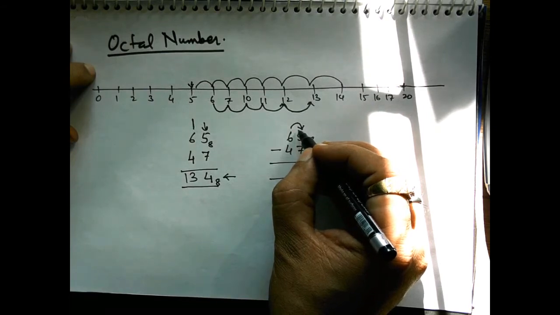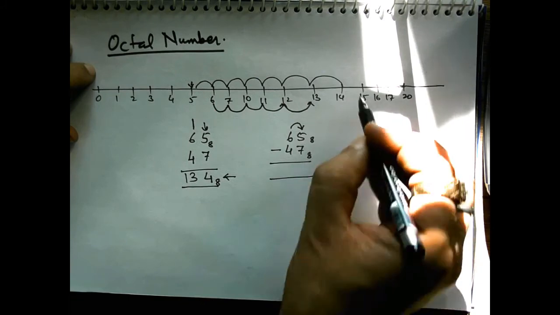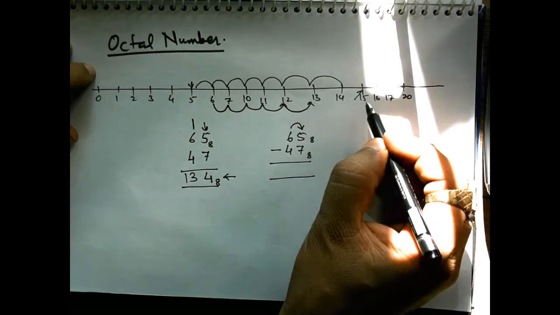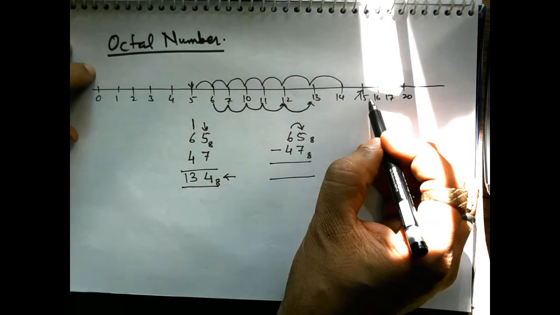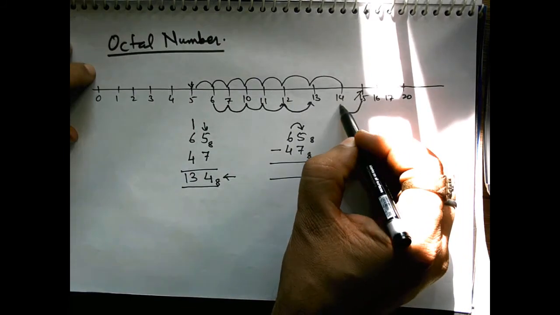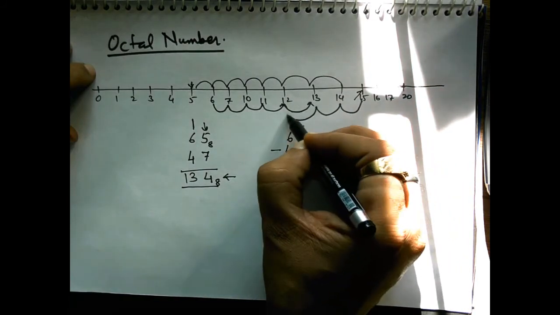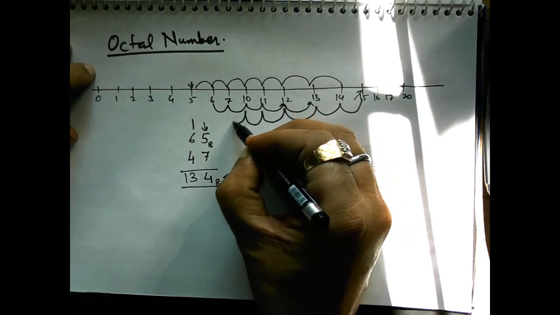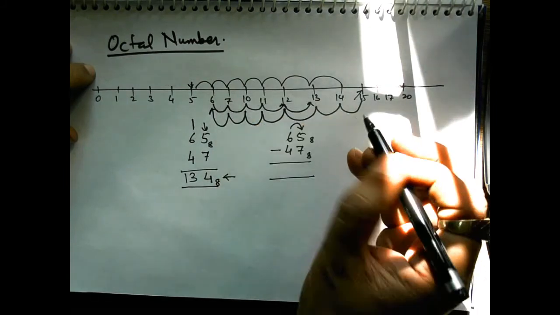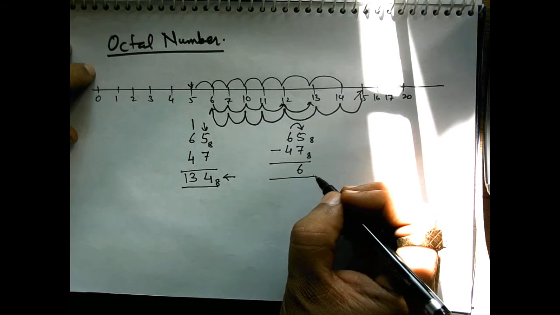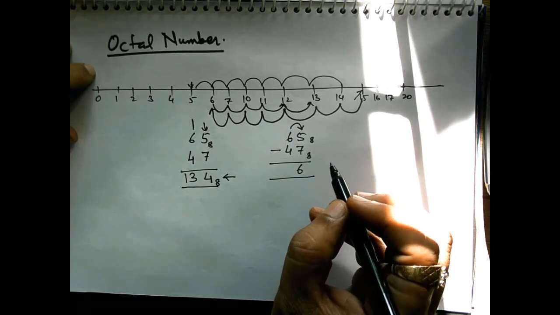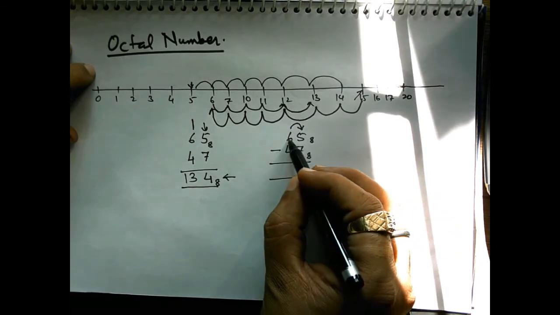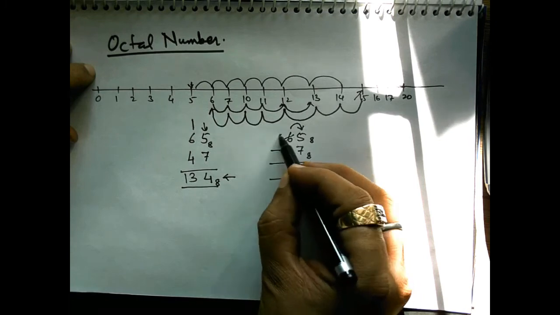So to take 7 off from this 15, we have to move 7 steps to the left. So this way we reach 6, and this in turn becomes 5.